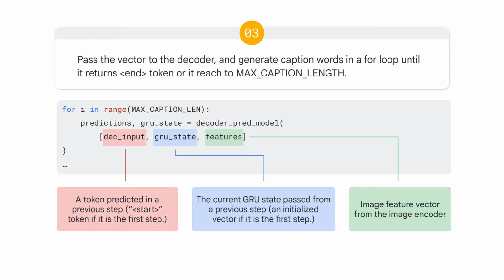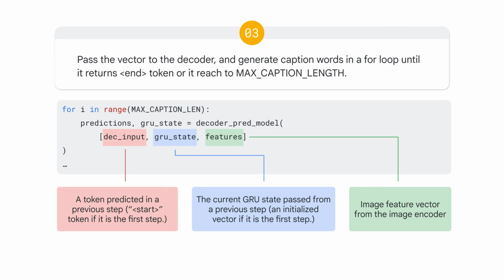And the last phase, the decoder for loop. It is a bit complex, so I will explain it in more detail in the next video with the actual code. But the main thing here is to call the decoder by passing three things. Dec input means decoder input, which should have the word token predicted in the previous iteration.